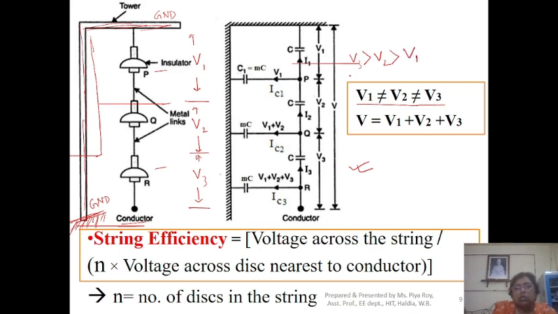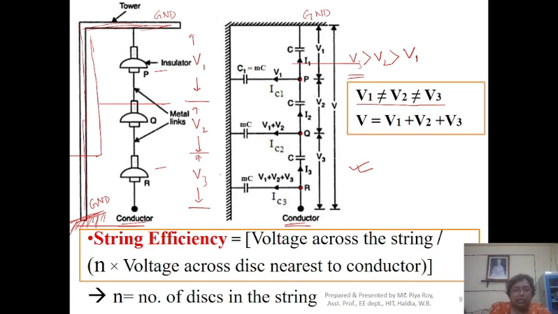So the voltage across the insulator nearest to the conductor is the maximum. These points P, Q and R are the metallic contacts of the insulator, and the current, which is not desired but still flowing, goes from this conductor to the tower, and we know that the tower is at ground potential.